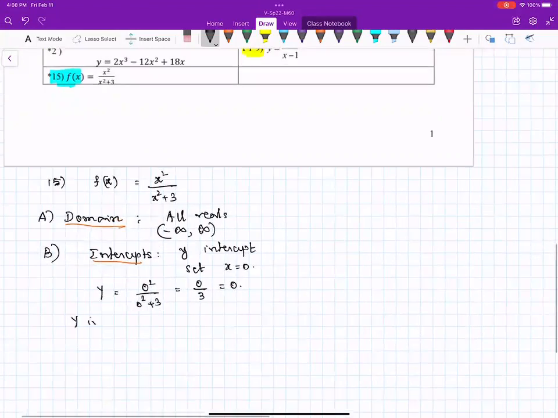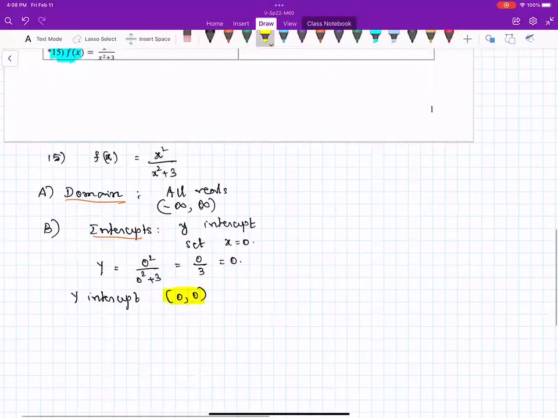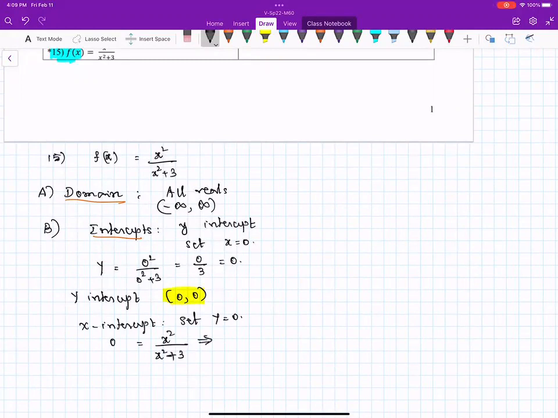So the y-intercept is (0, 0). And what is the x-intercept? The x-intercept is obtained by setting y equal to 0. So 0 equals x squared over x squared plus 3. This implies x squared equals 0, so x equals 0. So the x-intercept is also the origin. Both the x-intercept and the y-intercept are the origin.